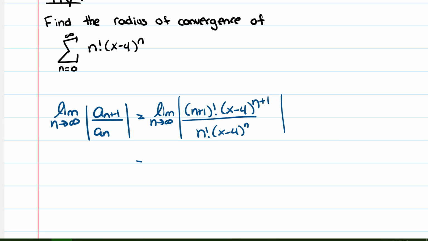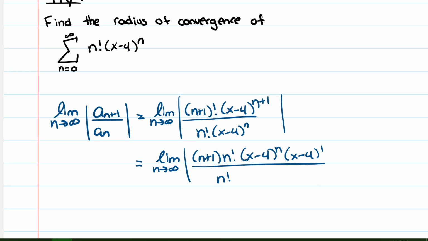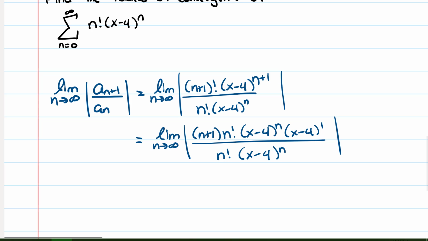So then we're going to go ahead and split that up. So we get limit as n goes to infinity, absolute value, n plus 1, n factorial, x minus 4 to the n, x minus 4 to the 1, all divided by n factorial, x minus 4 to the n. Now it's good practice to start splitting up exponents with these because you do want things to cancel.